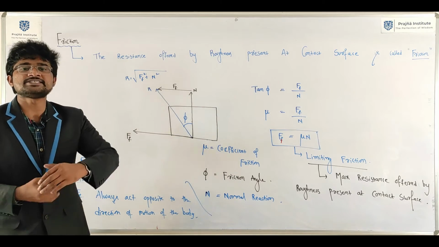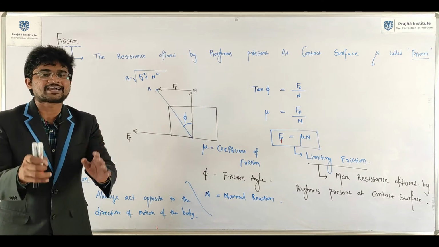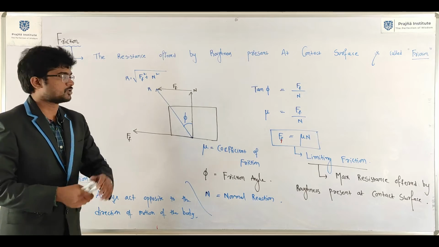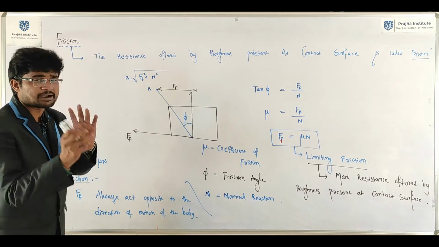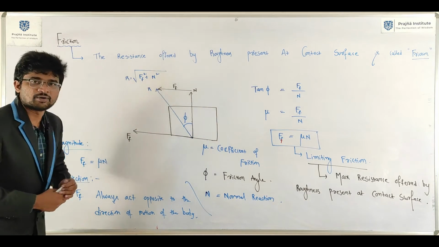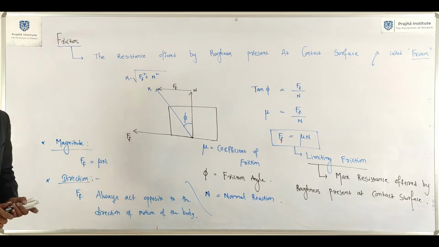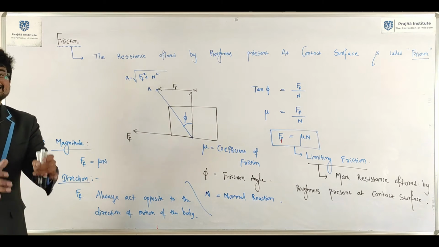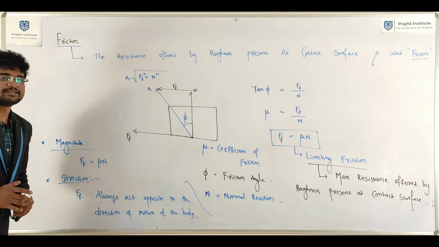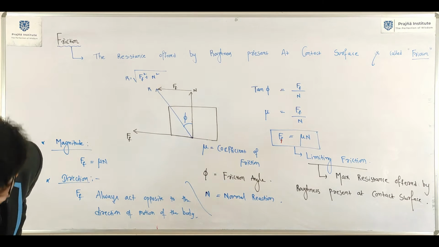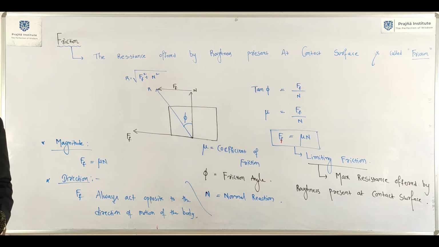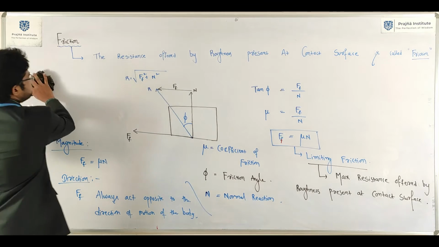My aim is to draw the free body diagram for the body. In that, you should have some command of friction. So now let us draw the free body diagram for a system of blocks.